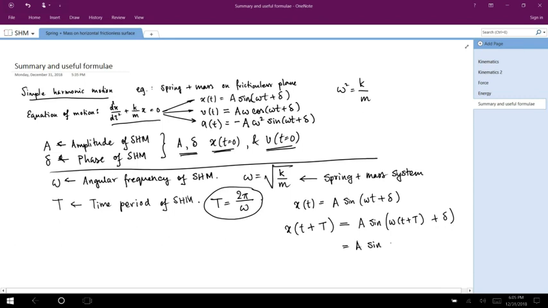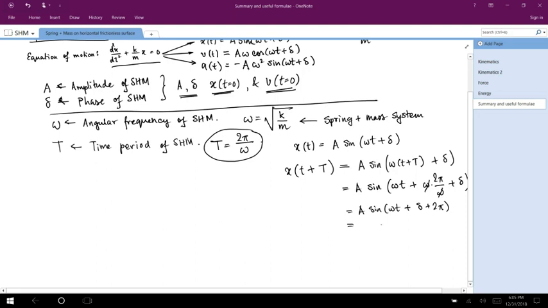So we will find A sin(ωt + ω times 2π over ω + δ). The ωs will cancel and we will have A sin(ωt + δ + 2π). Now if you remember your trig, then sine of something plus 2π is the sine of that thing. So A sin(ωt + δ) is what we get back from here.